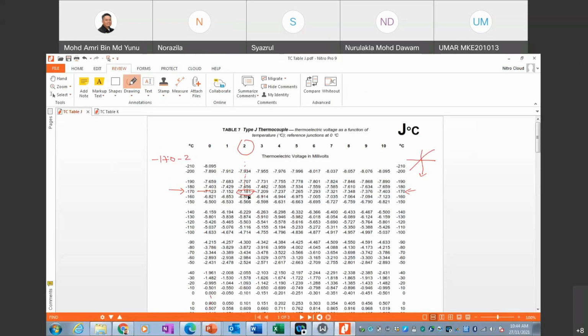So let's choose 2 points, TL and TH. I chose negative 100 degree Celsius here, oh sorry.